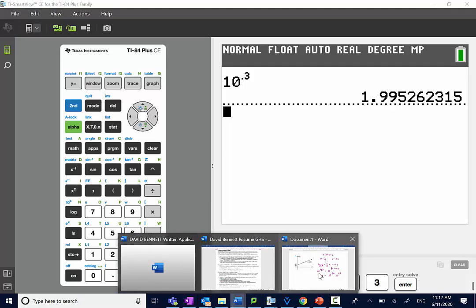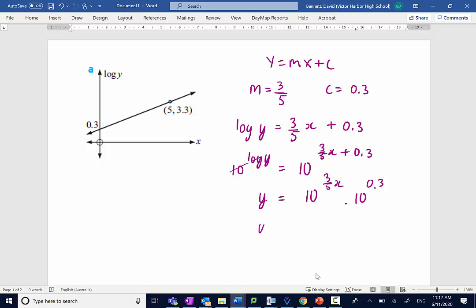So then I can come back to here and say, well, y is equal to 2 times by 10 to the power of 3/5 x. Alright, and so that's my model that I've got comparing my y and my x values.